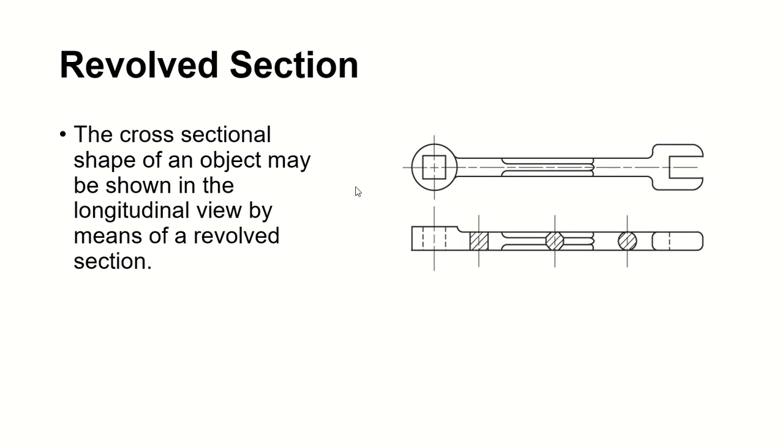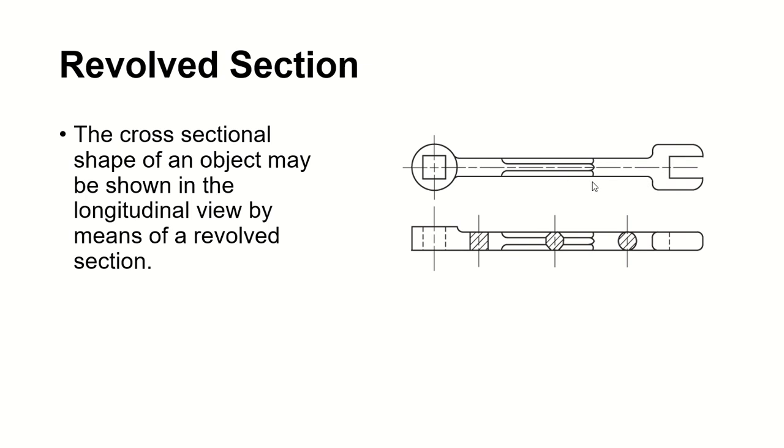This one is another type in your aligned section. We have the revolved section, the last type of aligned section. The revolved section is the cross-sectional shape of an object. Okay, here we go.